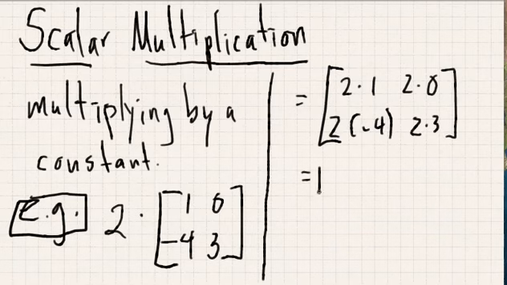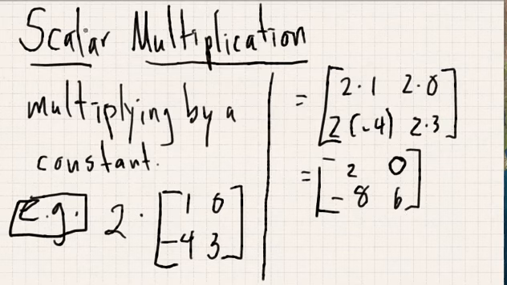What do I get? I get 2, 0, -8, and 6. Fantastic. So scalar multiplication is I just multiply by a constant, and I just multiply everybody on the inside.